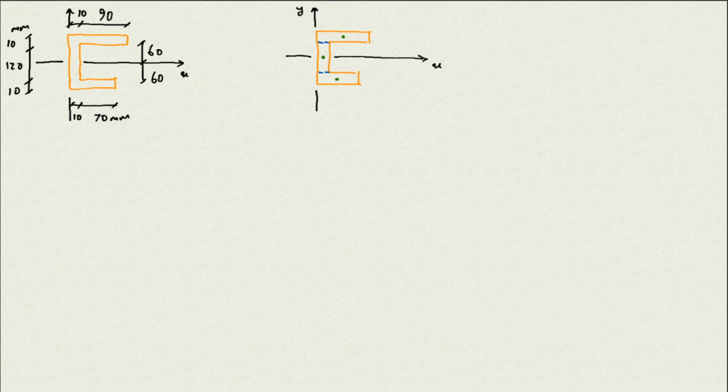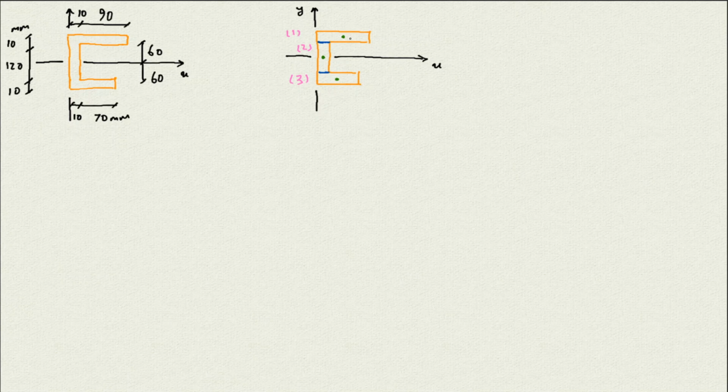If I call them, the top part I call 1, the middle part is going to be 2, so the top rectangle is 1, the middle rectangle is 2, and the bottom rectangle is going to be 3. So I divided it into these 3 rectangles. So here, and then here. So the top one, middle part, and the bottom one.